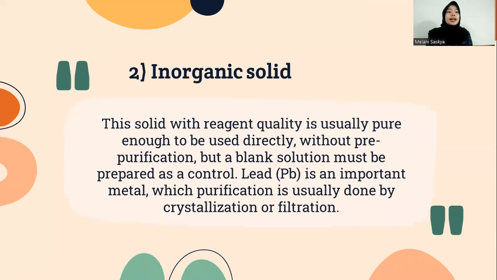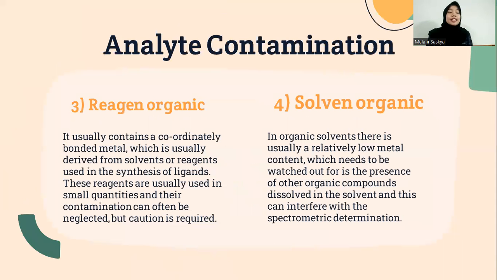Inorganic solids. These solids with reagent quality are usually pure enough to be used directly without purification, but a blank solution must be prepared as a control. Lead, Pb, is an important metal whose purification is usually done by crystallization or filtration. And the third, reagent organic.